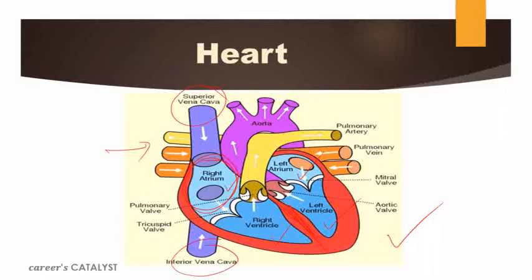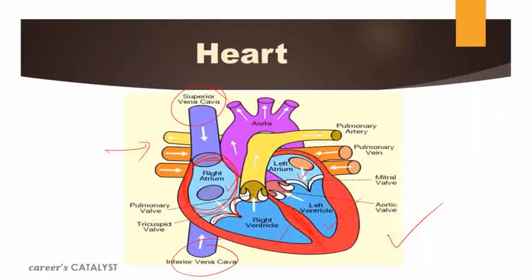Because of the increase of pressure, as you can see, the valve is present here. What is the function of a valve? A valve provides a one-way passage, first of all, and second, it prevents the return of blood also. So this tricuspid valve will open when the blood pressure increases inside the right atrium.